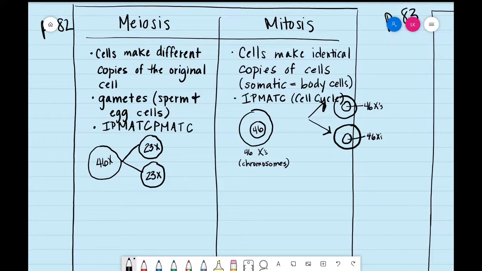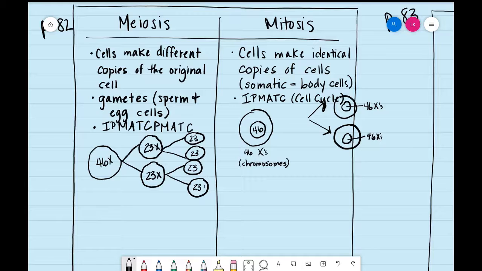And then those divide again to have 23 chromatids.